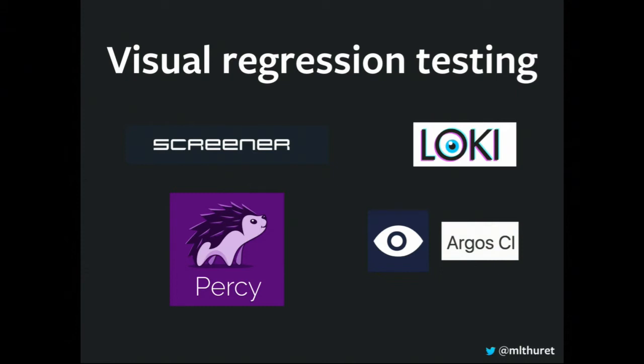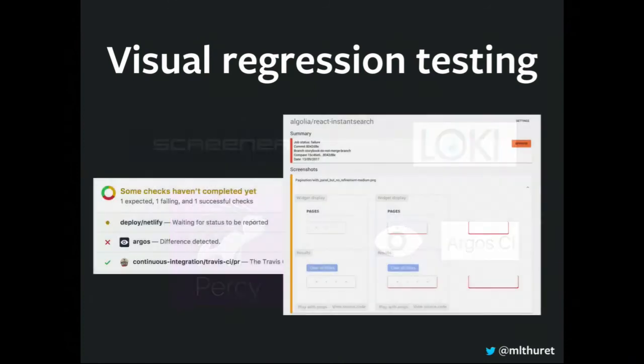Here are some: some are paid solutions, some are free for open source, some are completely free. At Algolia, we are using Argos, and what it provides us is this new line on our CI, and when it fails, it gives this little interface with the before-after and the comparison in between. And you can approve or reject the change depending on the PR.